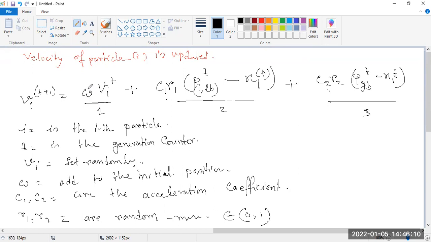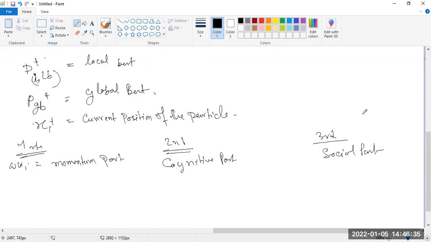So 2 is multiplied with this 10 velocity, and this 2 is called omega. This is the weightage, so this is the momentum part only. These two other parts take the decision, which direction and how much velocity should be achieved. This one is caused by the local P best, and this is the global P best.